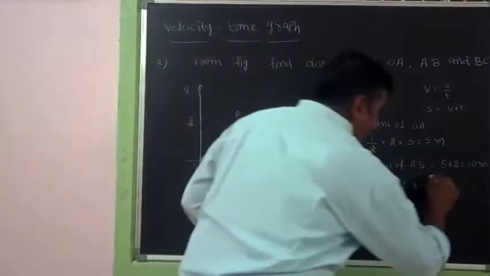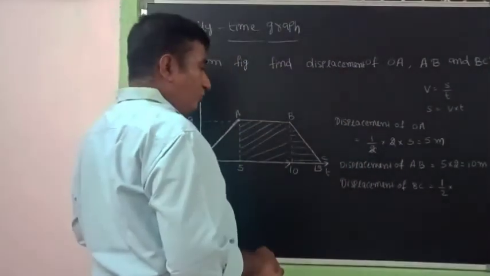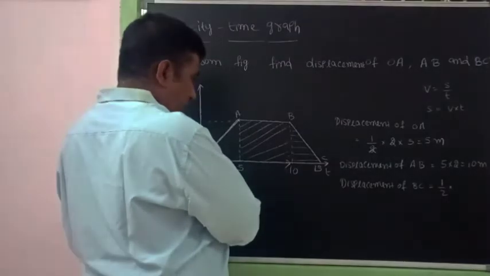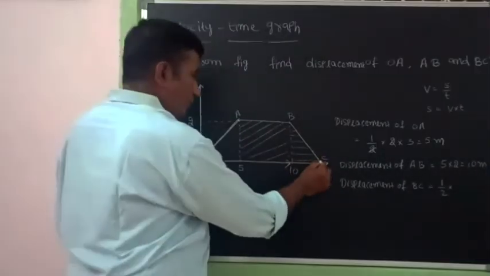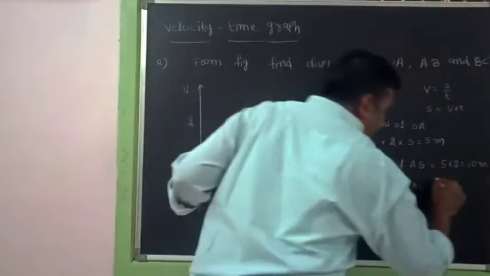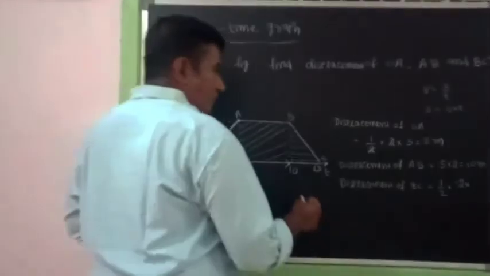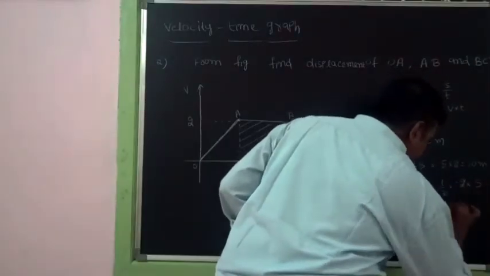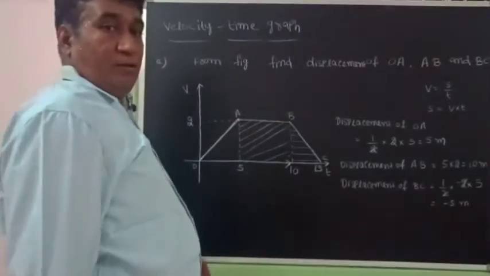So for this half, base into height. The base I can take as 0 minus 2, which is minus 2, into 15 minus 10, which is 5, divided by 2. So I get minus 5 meters. Next question.